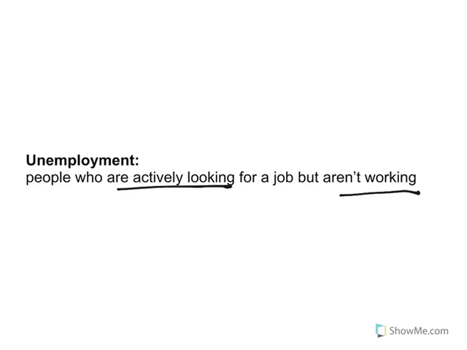If you don't have a job but either don't want one, aren't looking, or have given up looking, you're actually not considered unemployed. We'll talk about where we would put you in terms of a category in just a second. But unemployment is people who aren't working but are actively looking for a job.